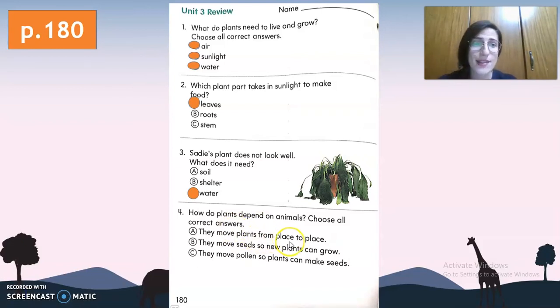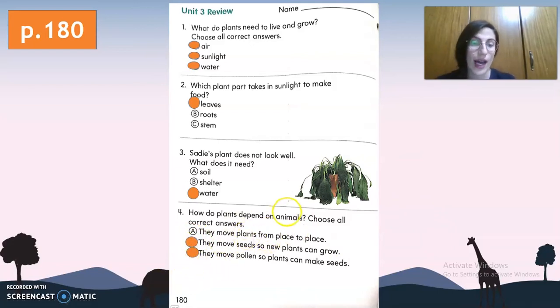A, they move plants from place to place. B, they move seeds so new plants can grow. Or C, they move pollen so plants can make seeds. What do you guys think? Now think carefully, take a minute to think. What do we think? Well, it is, of course, B and C. Why?